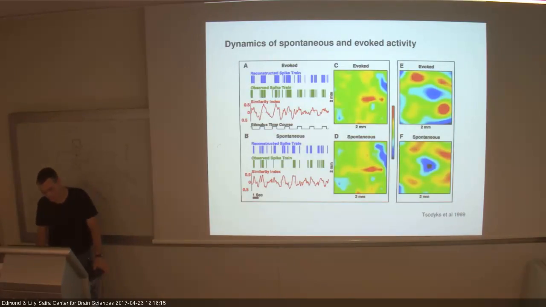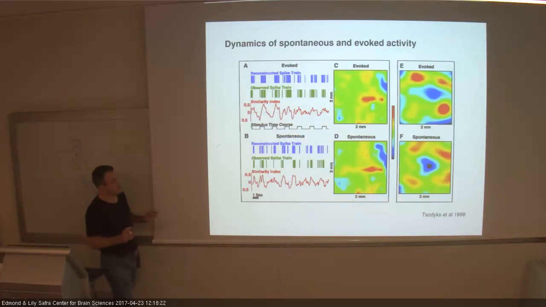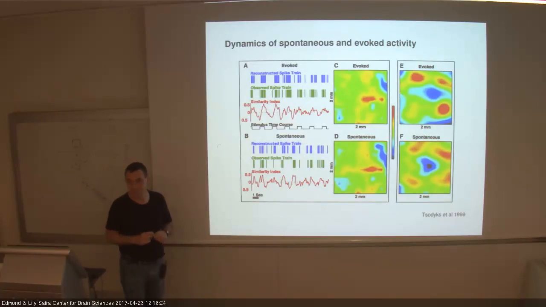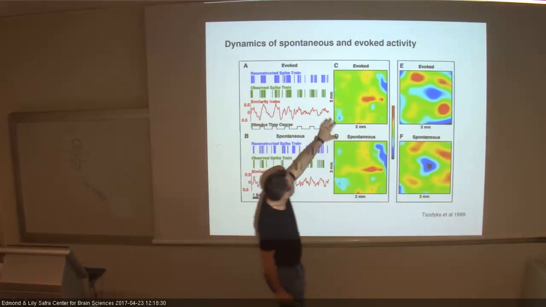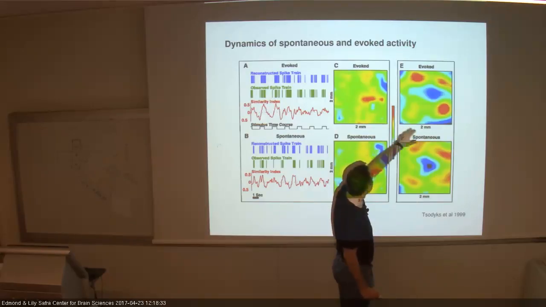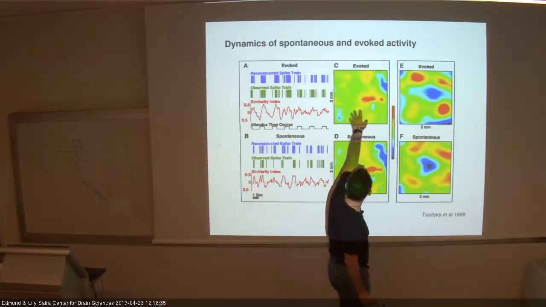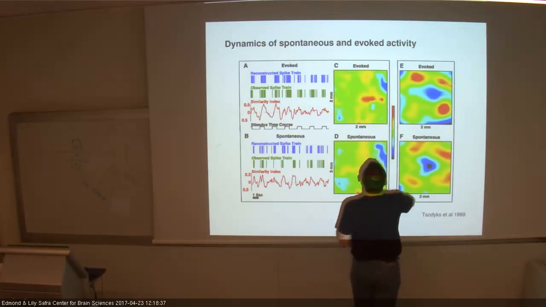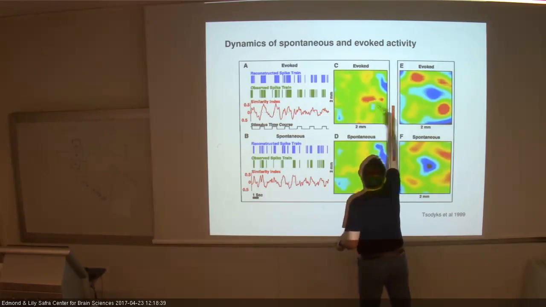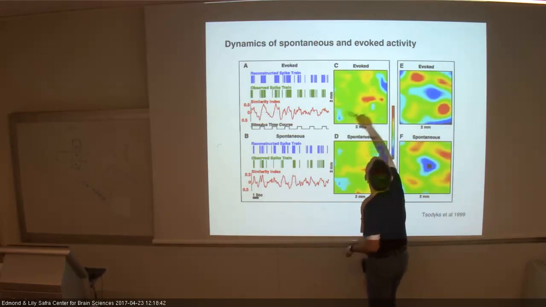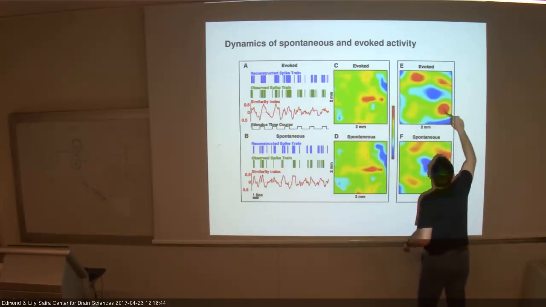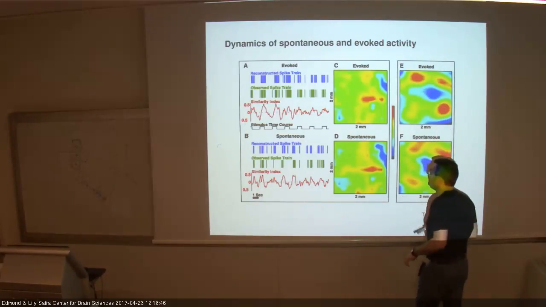If you take a cat and you look at the structure of activity across the visual cortex, which regions are active and which regions are not active, and you present a stimulus to the animal, you can generate these maps of activity. This would correspond to a lot of activity in this region, in this example, and very little activity here, and in this example there's a lot of activity here and very little activity here.